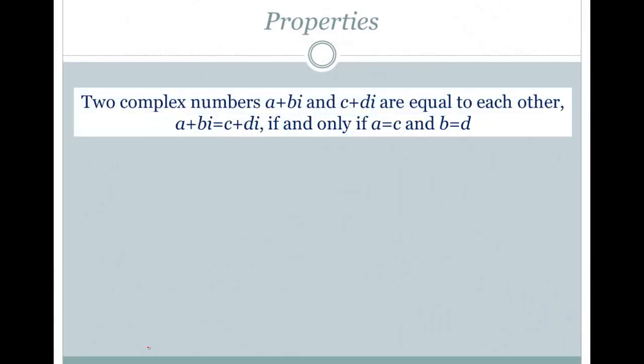Let's talk about some properties of complex numbers. Two complex numbers are equal if and only if their real parts are equal and their imaginary parts are equal. So in this specific example, I have a plus bi and c plus di. If these two are going to be equal, then the real parts have to be equal and the imaginary parts have to be equal.